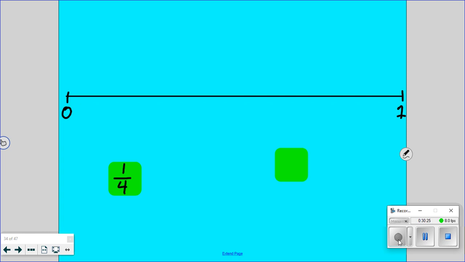But let me ask you this question. We put 1/8 really close to 0 because 1/8 is really small. Is 1/4 the same size as 1/8? No. Archer, is 1/4 the same size as 1/8? No. So when I'm putting my 1/4 piece, am I gonna put it right next to 0?